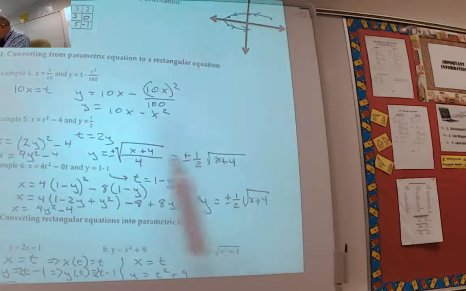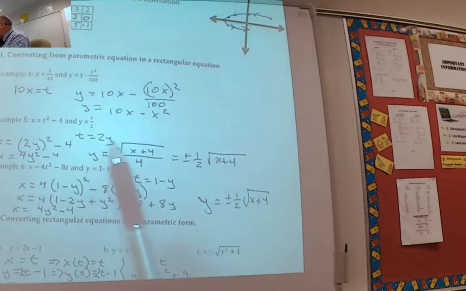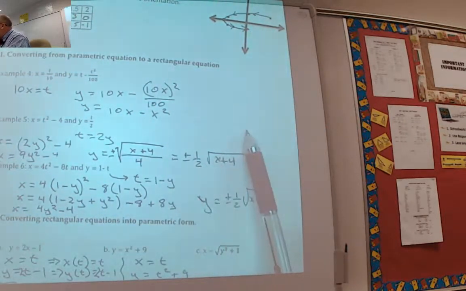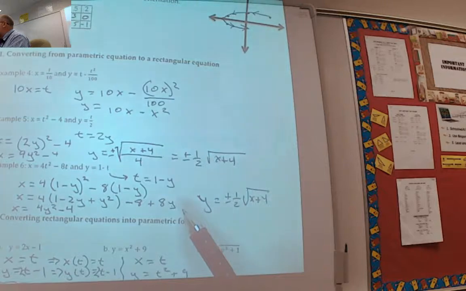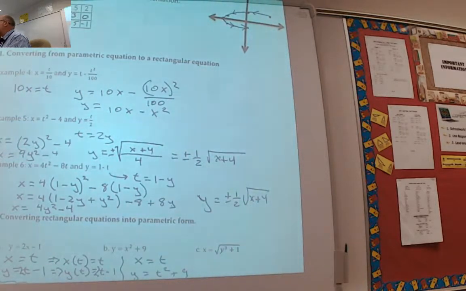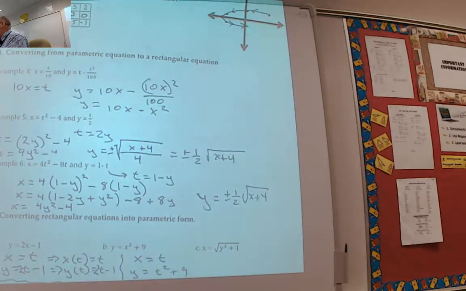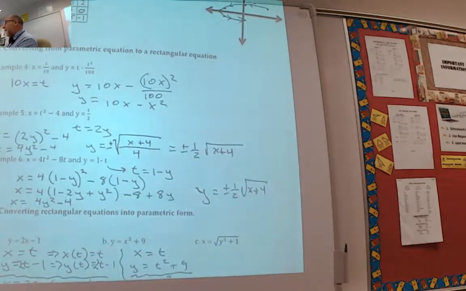Because depending on what you put in for t is going to decide whether I'm graphing the positive version or the negative version of it. You will see that especially on the Casio version, when you learn how to use your calculator.